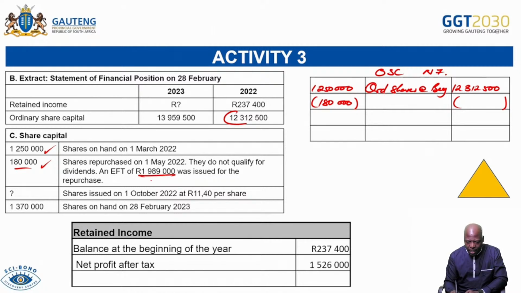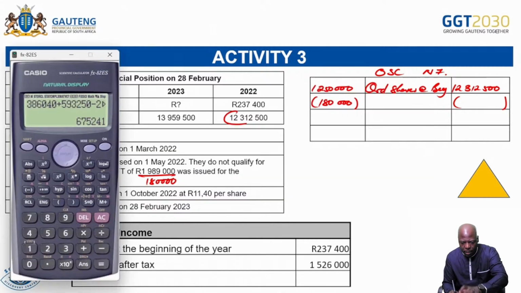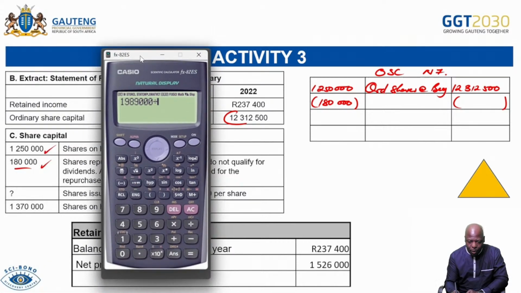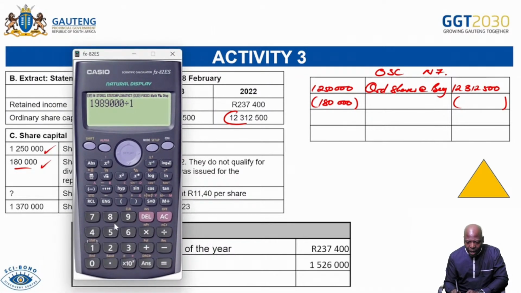So if I were to divide that 1,989,000 by 180,000, that's going to give me 11 rand 5 cents.